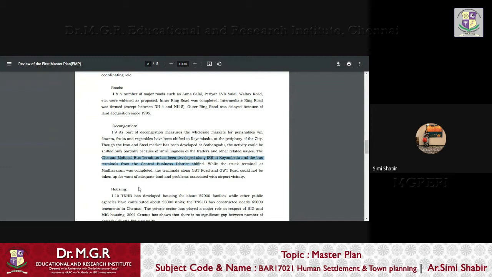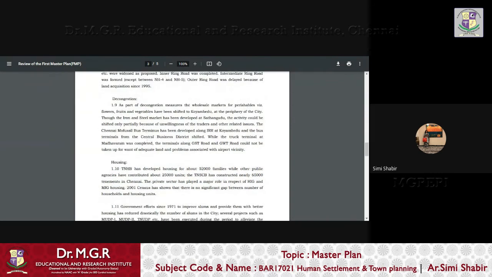The truck terminal at Madhavaram was completed. The terminals along GST and GWT, that is the Grand Southern Trunk Road and the Grand Western Trunk Road, were not taken up due to inadequate land and the problems associated with the airport vicinity rules and protocols. So that was pretty much about the decongestion.